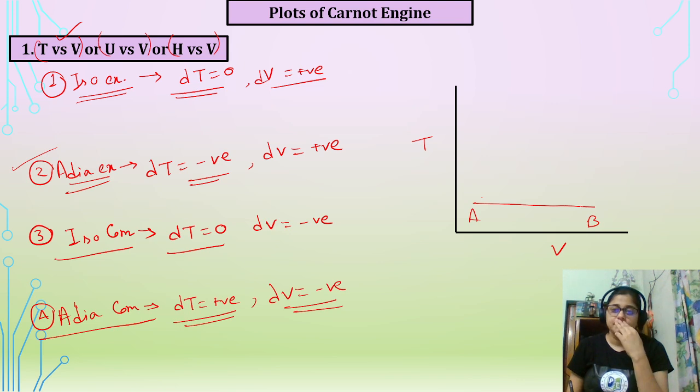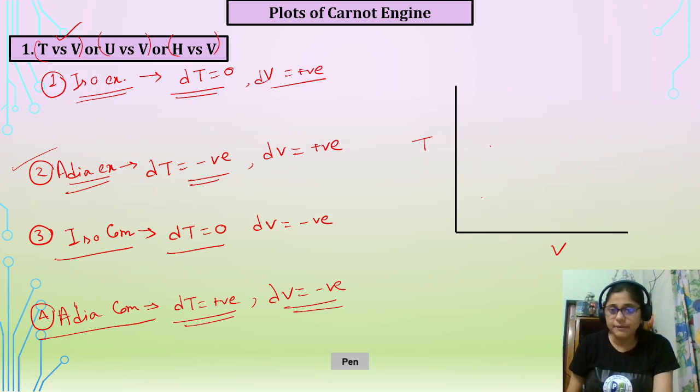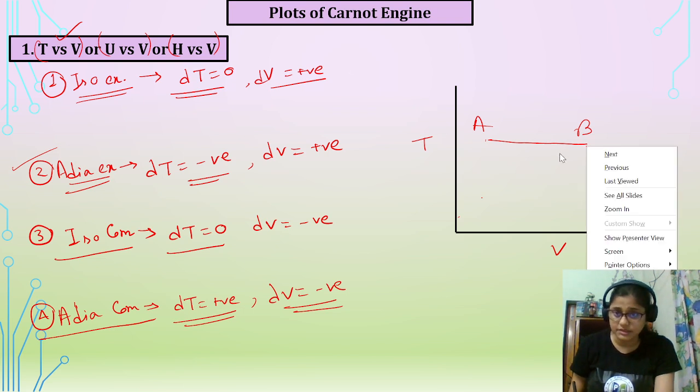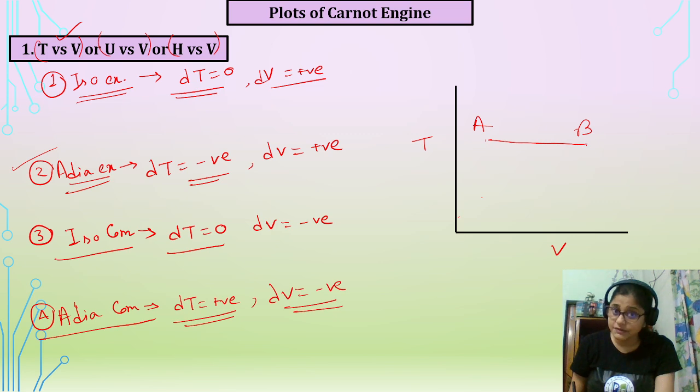From B to C, what will happen for the adiabatic case? dT is negative. Oh, okay. dT is negative here, right? We can't do it like that, so we have to take AB here. It will be again parallel to the x-axis, obviously, but now we can draw in a better way. A to B, this one. Now from B to C, what will happen? dT is negative and dV is positive.